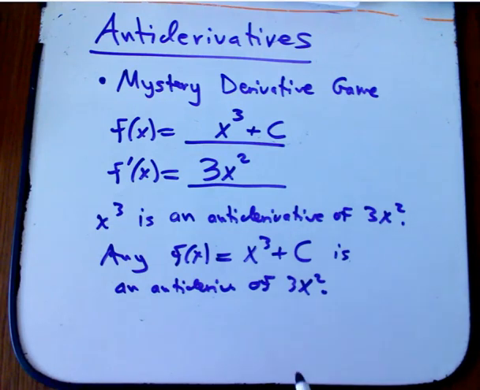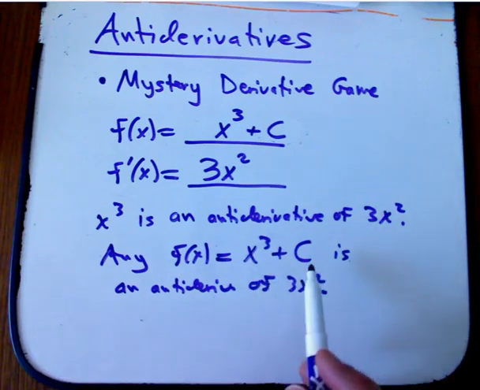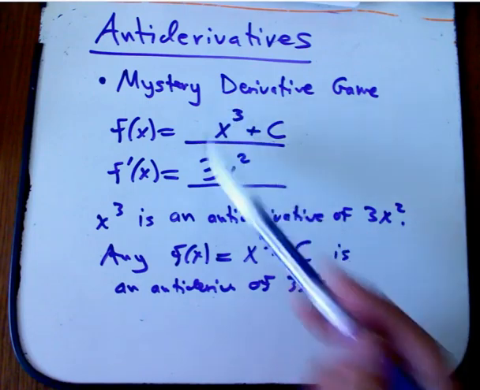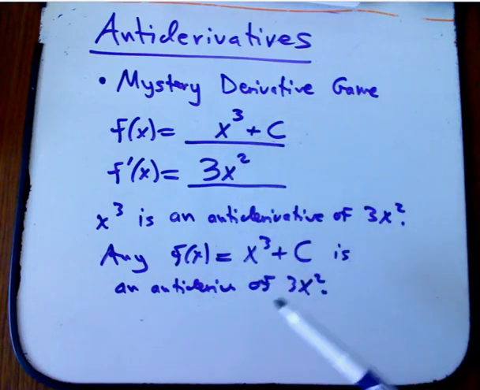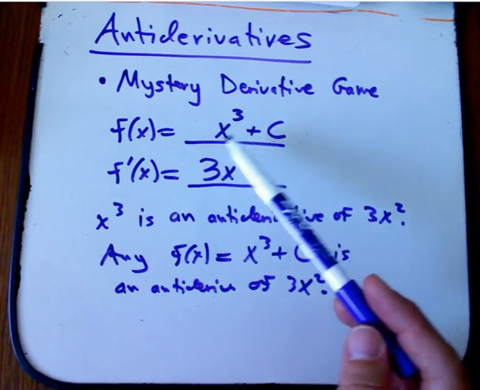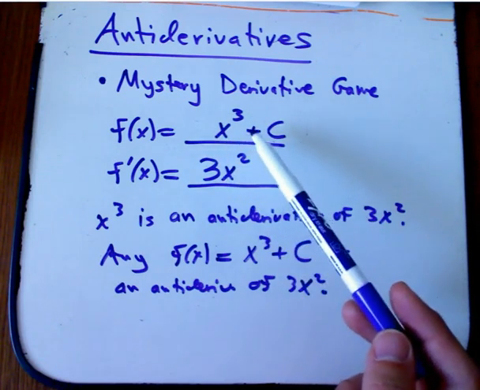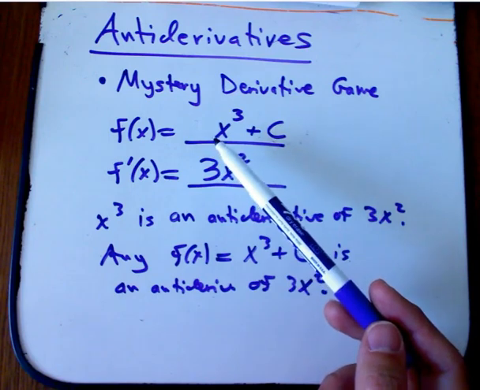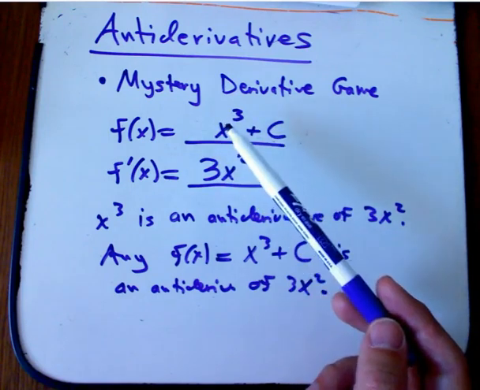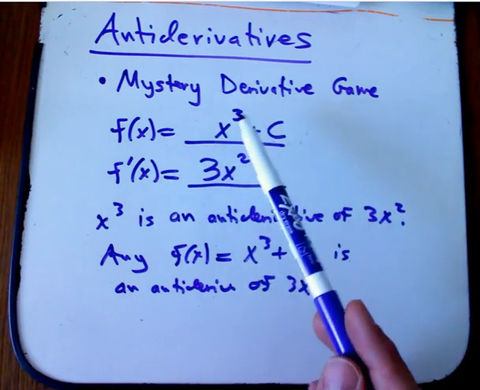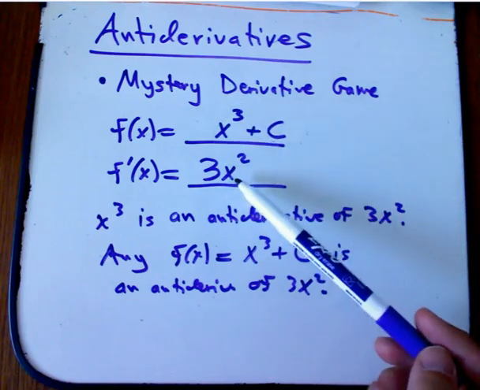So this is a little bit disturbing once you think about this. That now we might have lots of other functions. You might think, okay, x cubed plus c certainly works, x cubed plus 19, whatever. Maybe there's some funky function out there that doesn't look anything like this, that when you take the derivative, there's all kinds of cool cancellations, and out comes 3x squared.